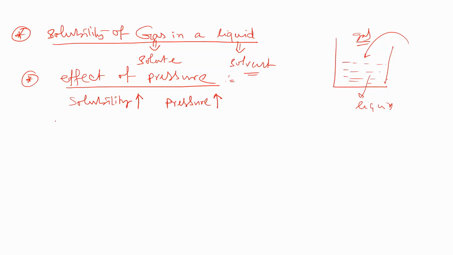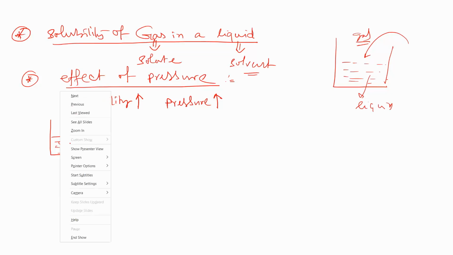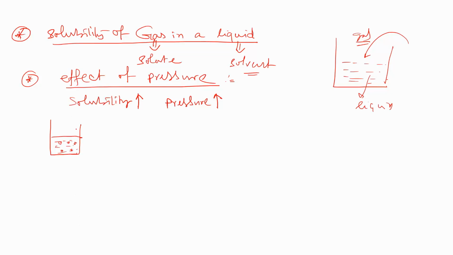Let us assume this is a liquid part, there is some amount of gaseous particles, and there is a piston above the liquid. This is one piston, but in another container we have created a pressure 3 times.